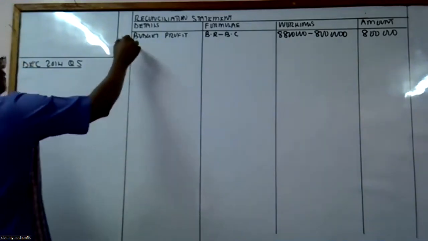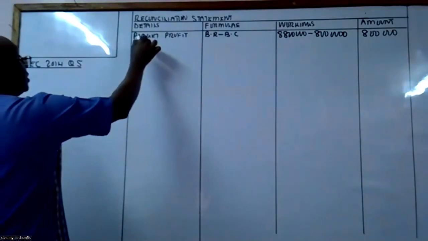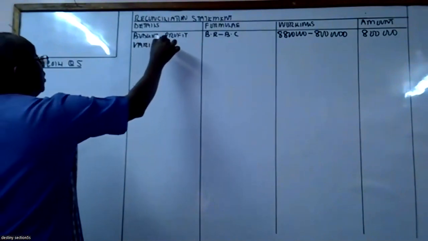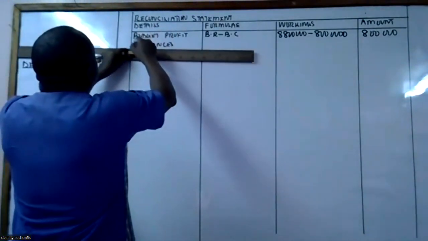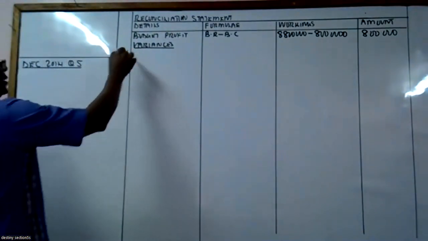Then you bring the variances. So if you follow the format I gave you, the variances, we start with the sales price.